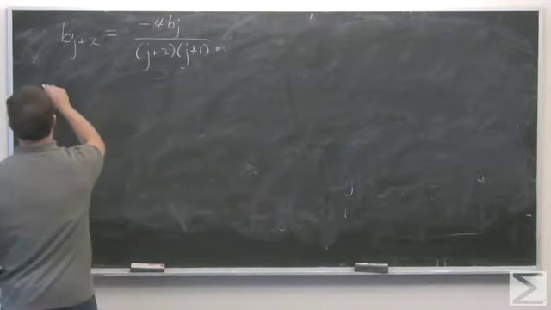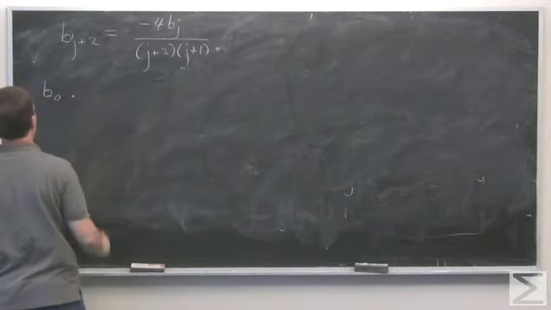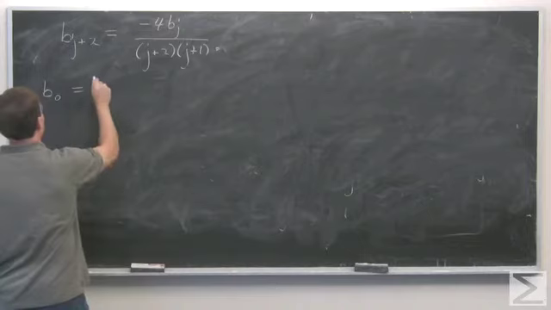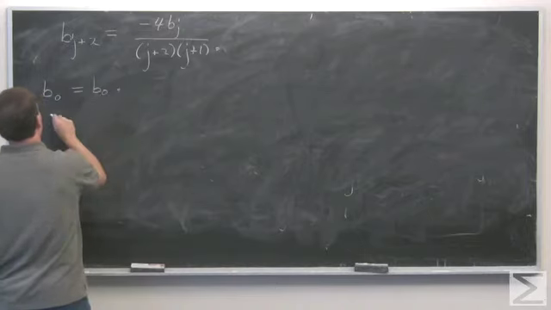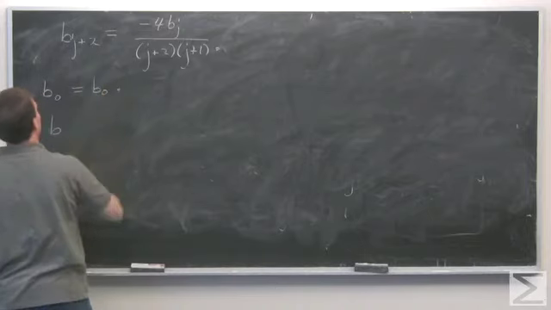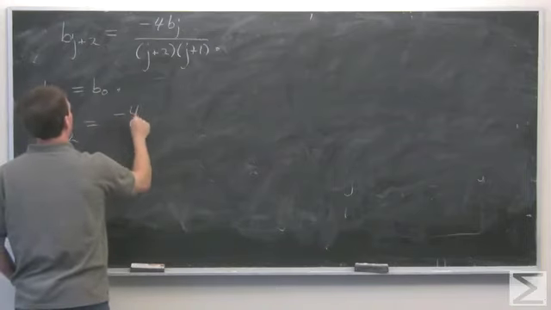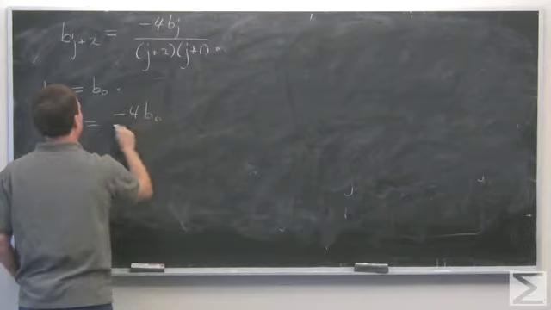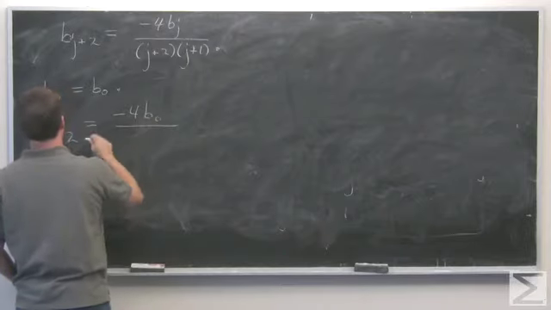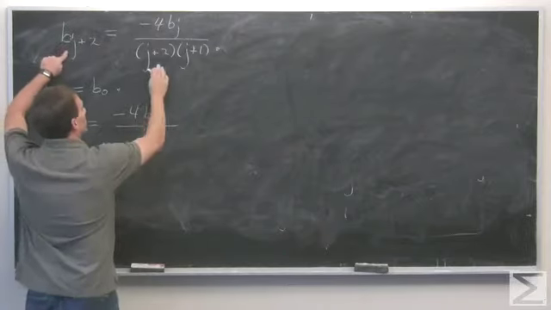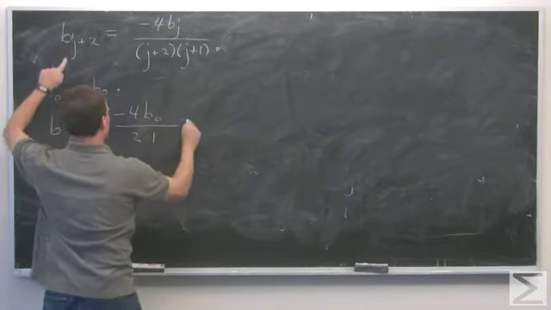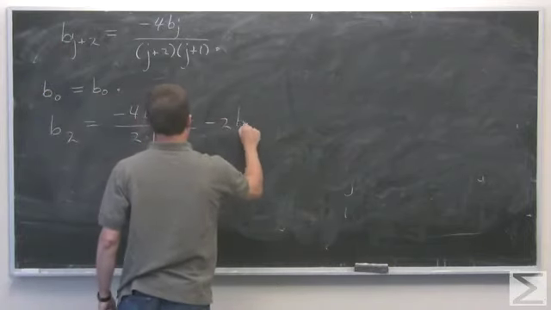So b naught. We don't know b naught. Oh well, too bad. B naught is just b naught. But then if you plug in j equals 0 here, you get b sub 2 equals minus 4 times b naught over 2 times 1, so it's minus 2 b naught.